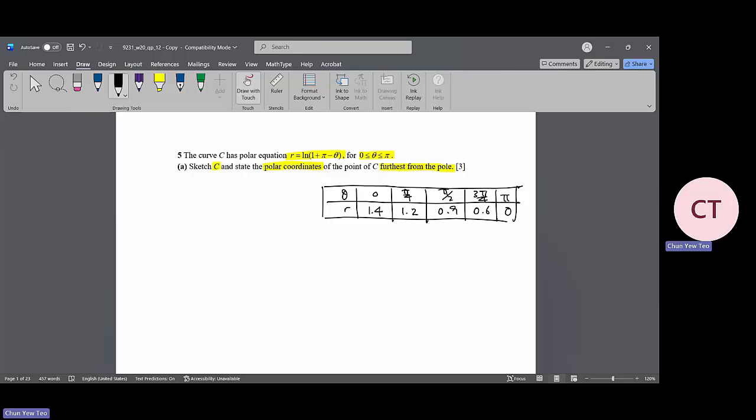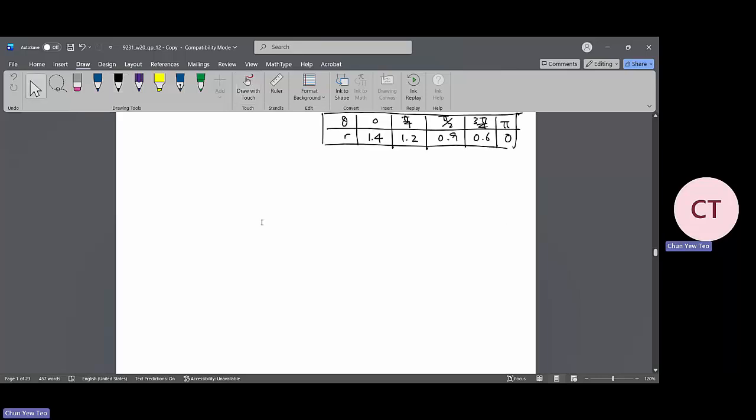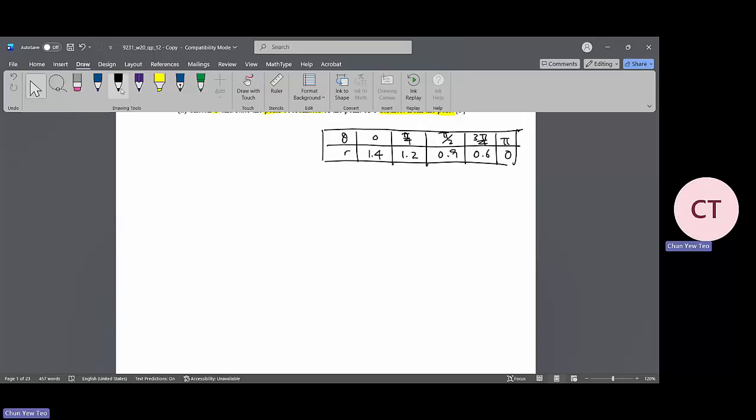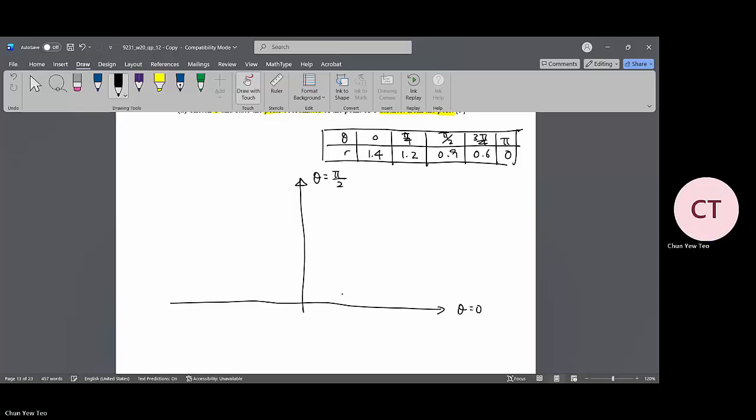Okay, so now we are ready to sketch the graph. According to the coordinates that we have, we just need to draw the initial line and the vertical line. So this is the pole, and this one is theta equal to pi over 4. This is theta equal to 3 pi over 4.